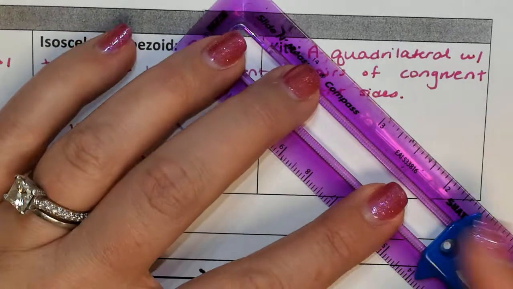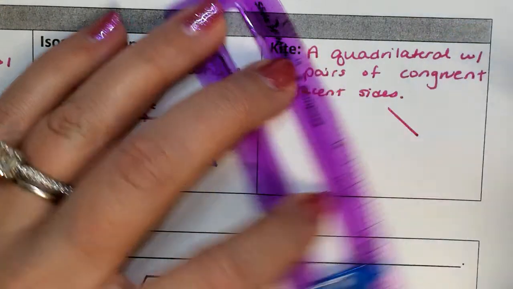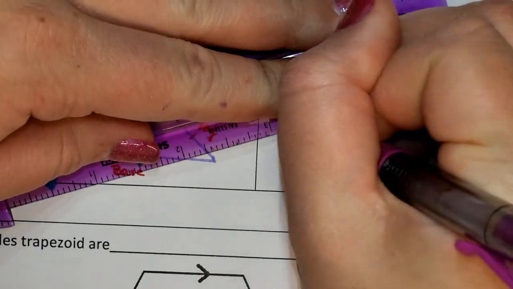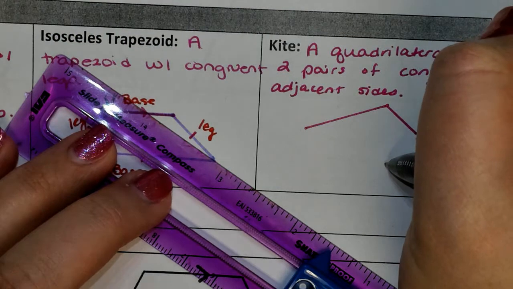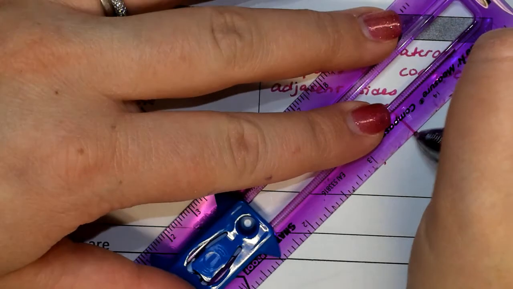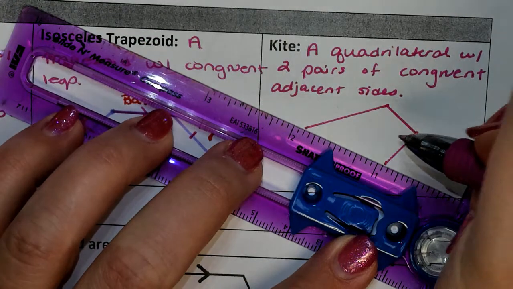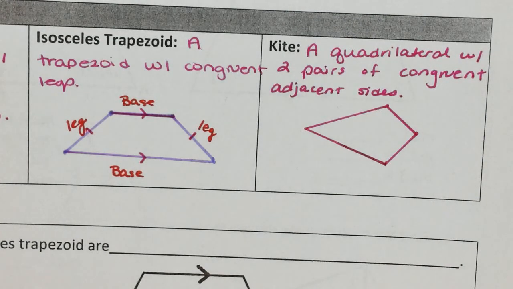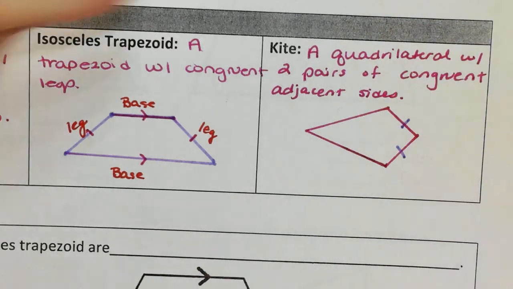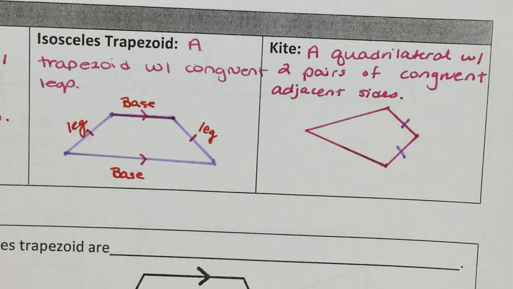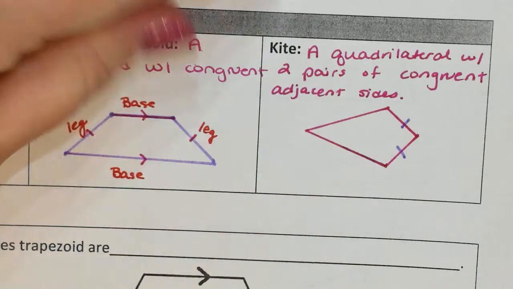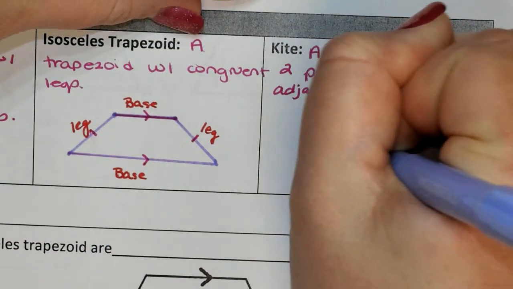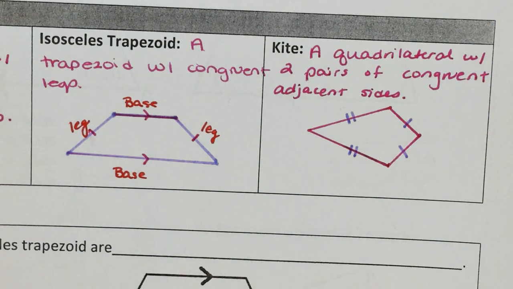That's what it means by adjacent. So to be a kite, the two sides next to each other are congruent. These two sides that are next to each other are congruent.